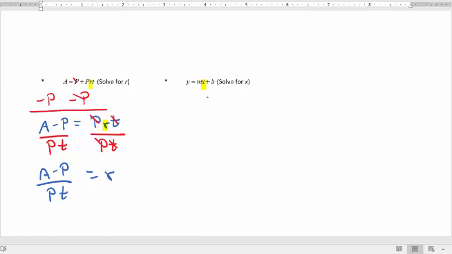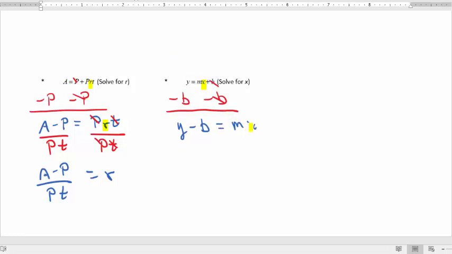So to solve for x, similar to the last one, that b there is not tied to the x. So we can get rid of that b first by subtracting it from both sides. So on the right it cancels, and on the left we just have y minus b, and on the right we have mx.